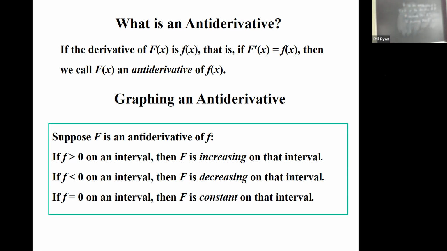Okay, so what I've just done here is translate this into terms of antiderivatives. If the derivative is positive, i.e., if a function is positive on that interval, then its antiderivative is increasing on that interval. It's exactly the same kind of relation. We're just putting things backwards. If a function is negative on an interval, then its antiderivative is decreasing on that interval.